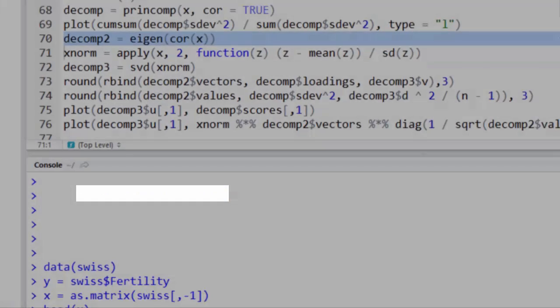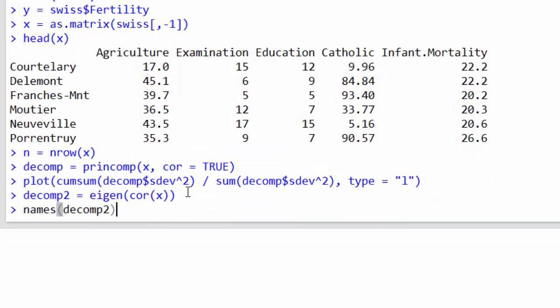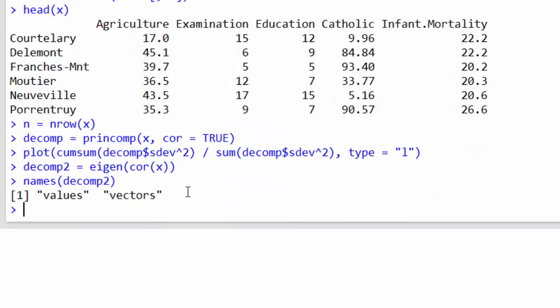So if I look at, for example, names of decomp2, it gives me my values and my vectors. So for example, if I were to do diag of the transpose of the vectors times the vectors of decomp2.